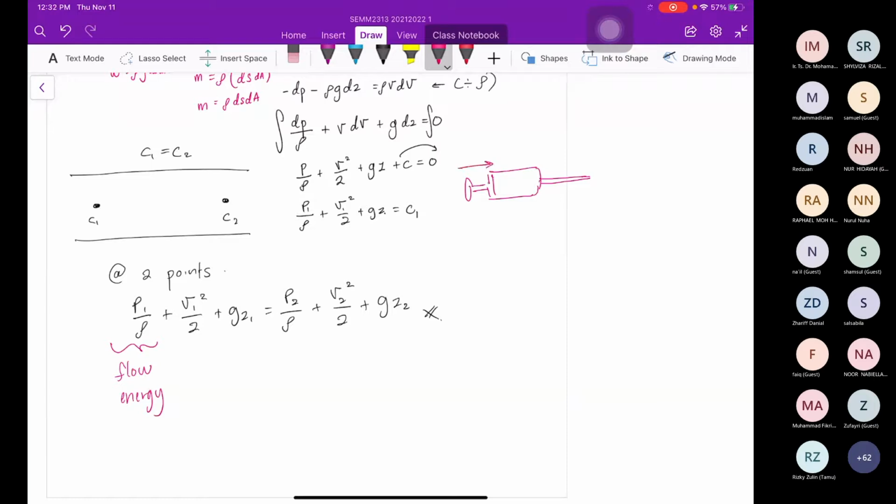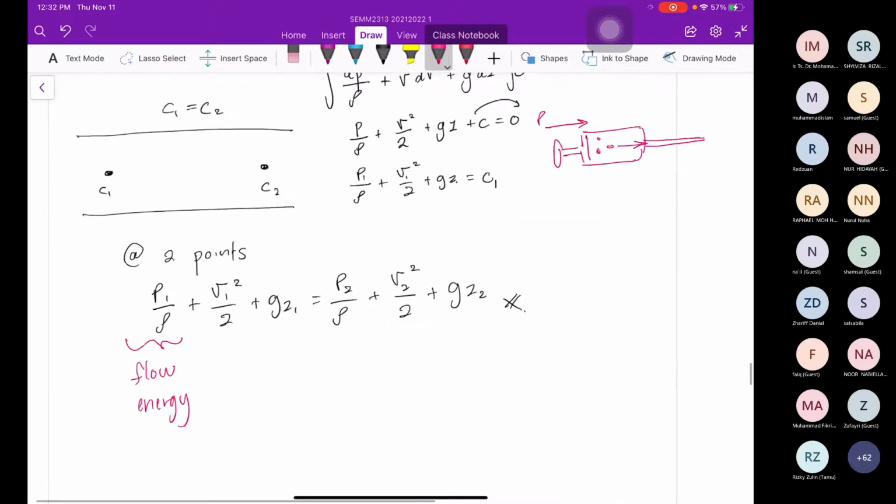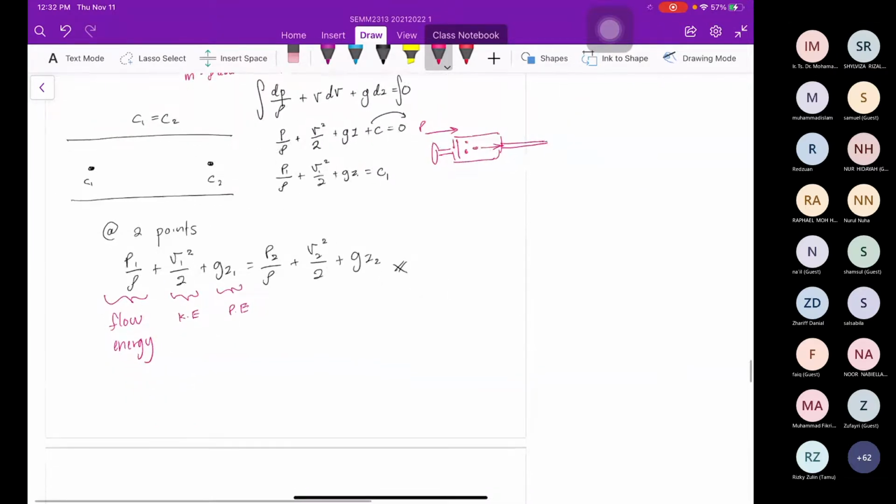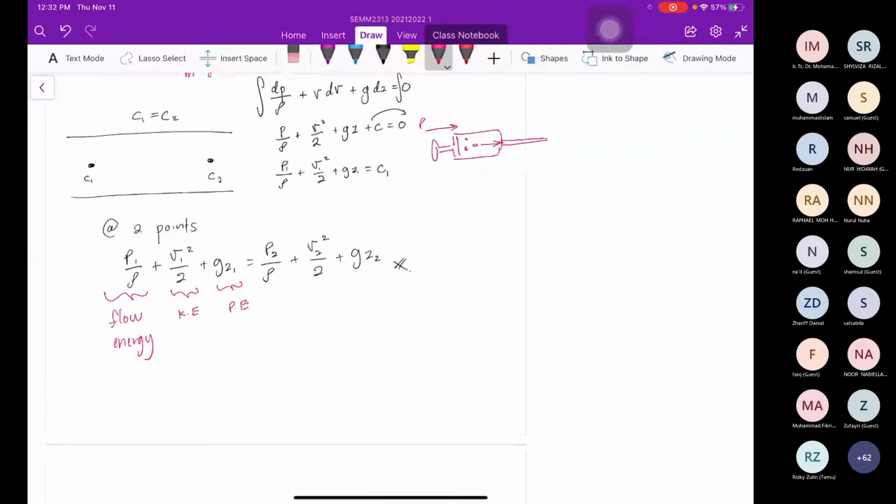You push it with pressure, so this fluid particle will flow. This is what we call flow energy. You need the pressure, that is why it is P over ρ. And this part, on the other hand, is the kinetic energy, and this part is the potential energy. So basically, the Bernoulli equation involves flow energy, kinetic energy, and potential energy.